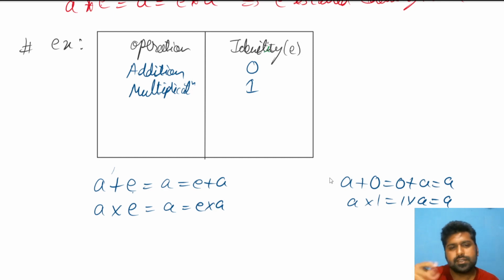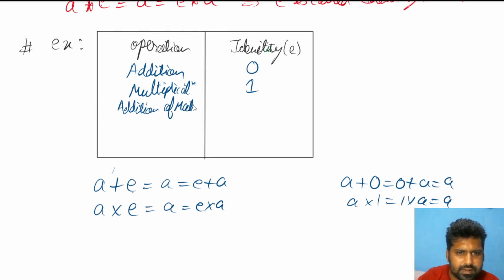Now it's not necessarily always for numbers, we can consider it for like addition of matrices. So in matrix addition, it should be like a plus some E matrix, of course it will be a matrix, should also be a, should be e plus a.